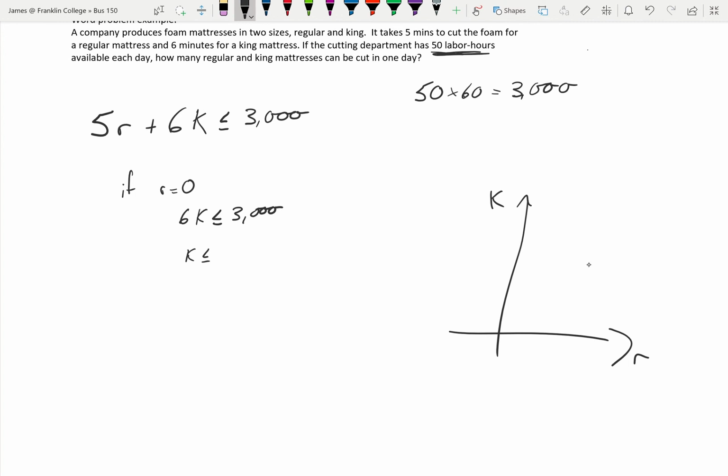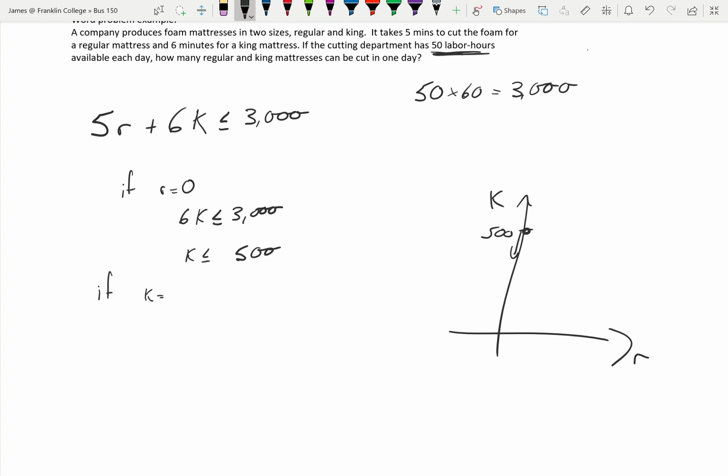We're going to get what? 500. So K has to be less than or equal to 500.